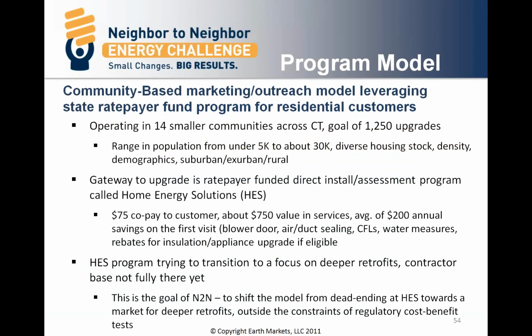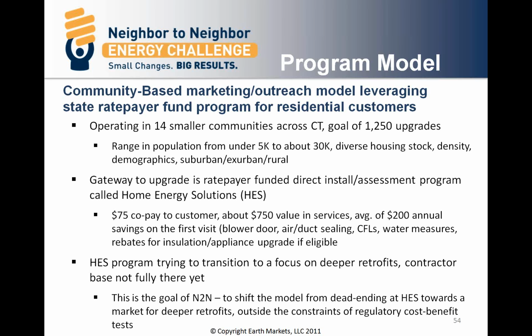So just to let everybody know about our program and what our program model is, because it does impact what we're able to test and areas that we're not able to test. We use a community-based marketing and outreach model to acquire customers, and we leverage a state ratepayer-funded program for residential customers for the assessment. Then there are some rebates and incentives available for the upgrades.